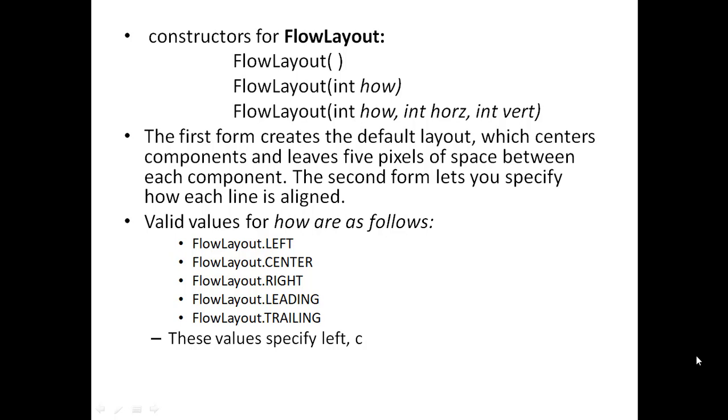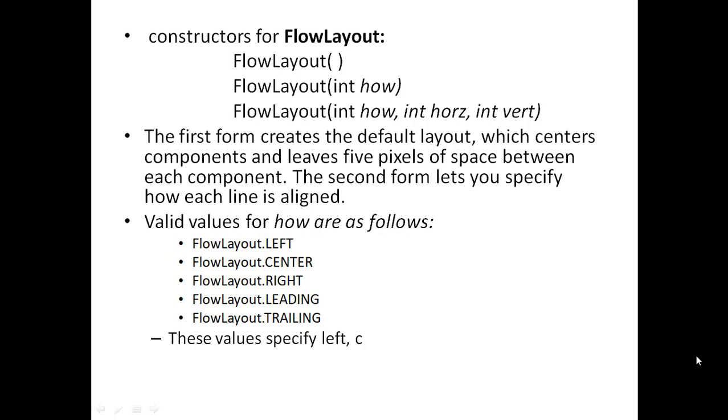The first form of the constructor creates the default layout, which centers components and leaves 5 pixels of space between each component. As mentioned, a small space is left between the components above, below, left, and right, and that is 5 pixels by default.